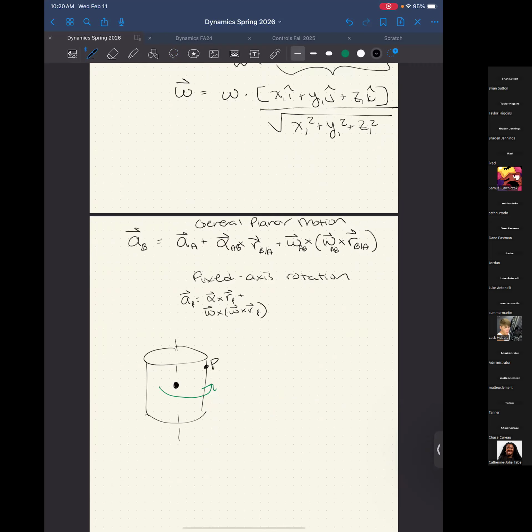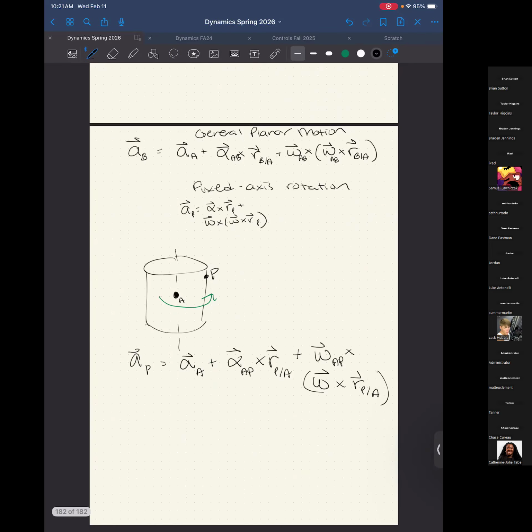I would write that the acceleration of P equals the acceleration of, we'll call this A for axis, plus alpha cross r P/A plus omega cross omega cross r P/A.